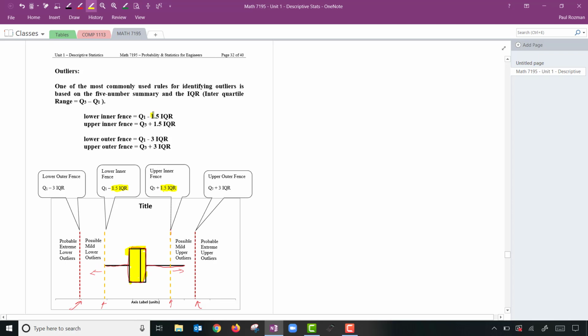And the 1.5 factor is just a standard that we've agreed upon. It's sort of like using the number 2 or the number 3 from Chebyshev and the empirical rule.